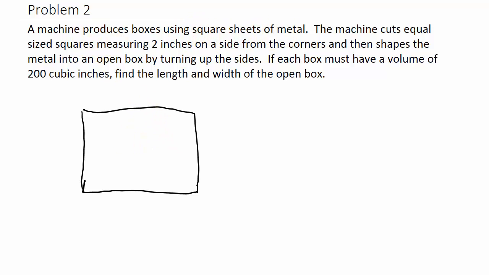What happens here is they're cutting out the corners just like this, and it says that from here to here is 2 inches, here to here is 2 inches, from here to here is 2.